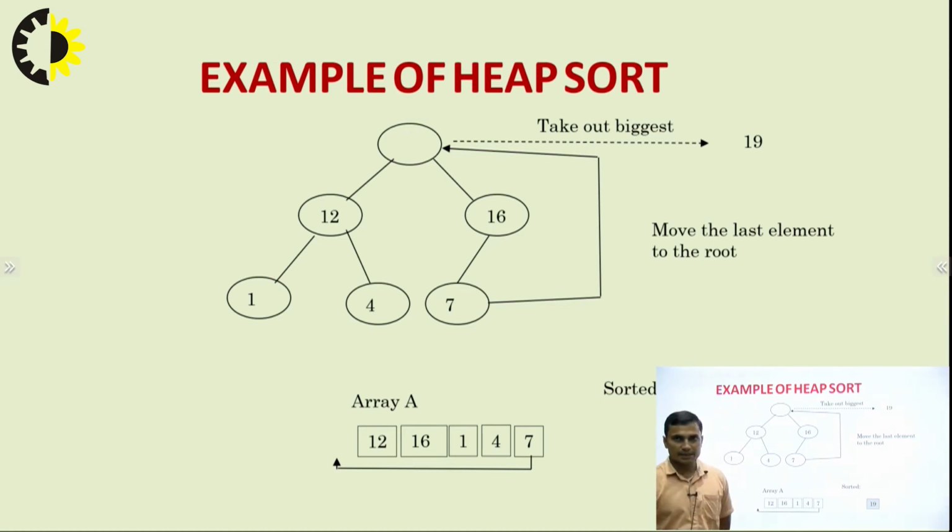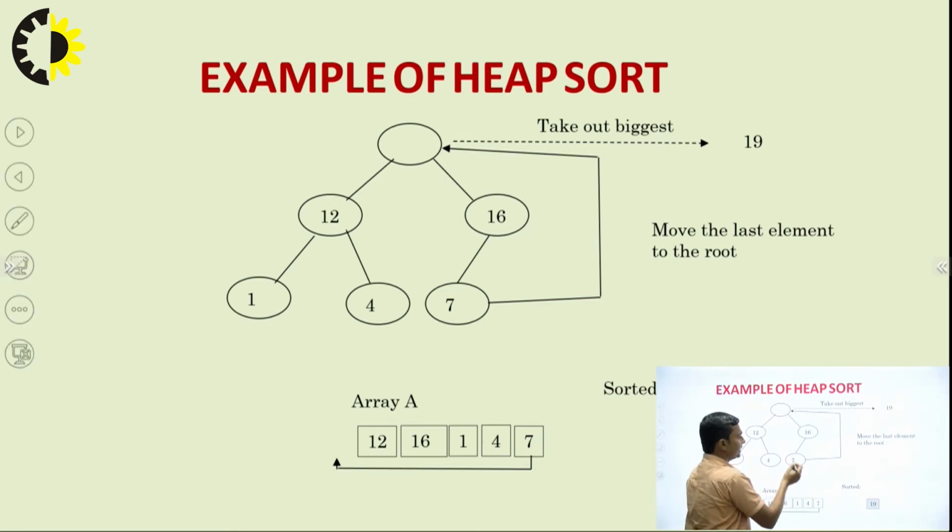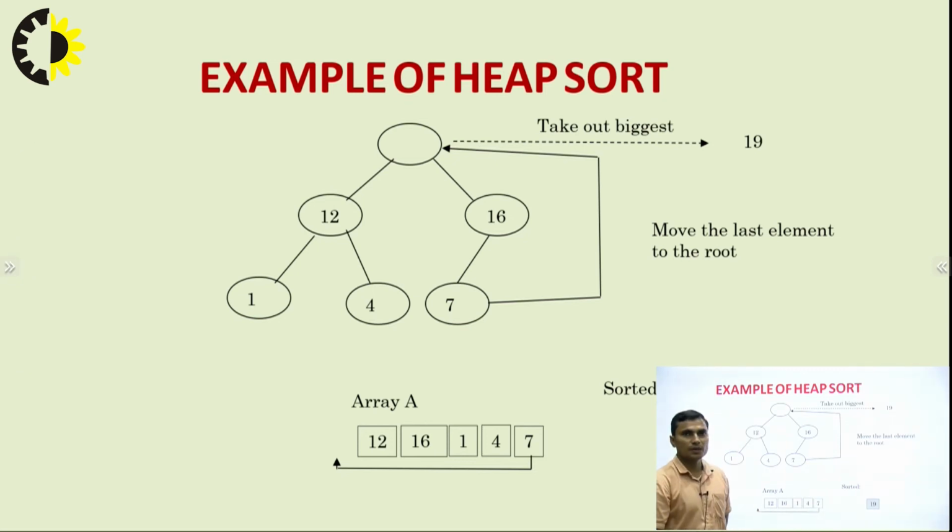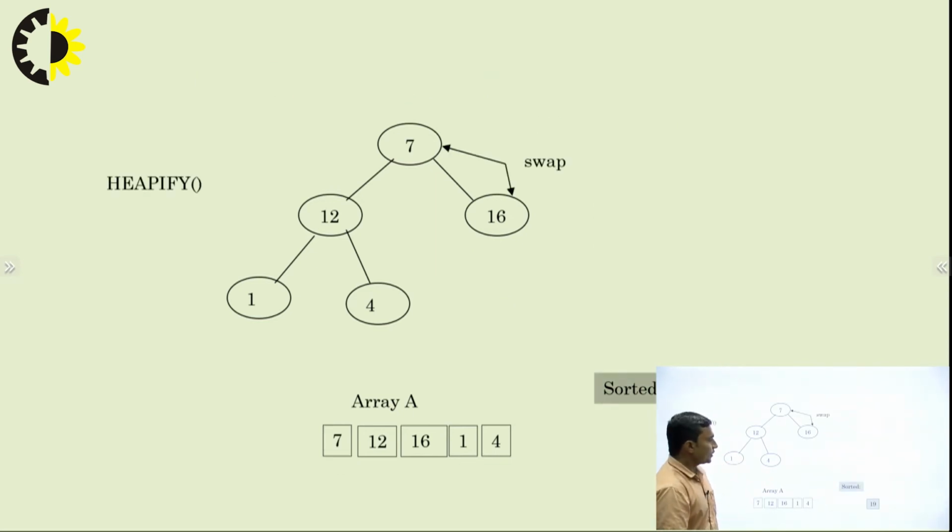In other terms, we are swapping this 19 with 7, and at that point we are reducing the size of the array. That happens in the actual algorithmic implementation. After taking out this 19, we will have this 7 here, and we have to maintain the max heap property for this 7. So we will swap this 7 with 16.